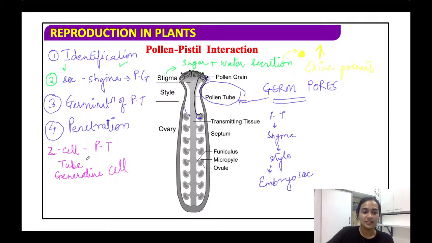These tube and generative cells will try to come to the embryo sac.